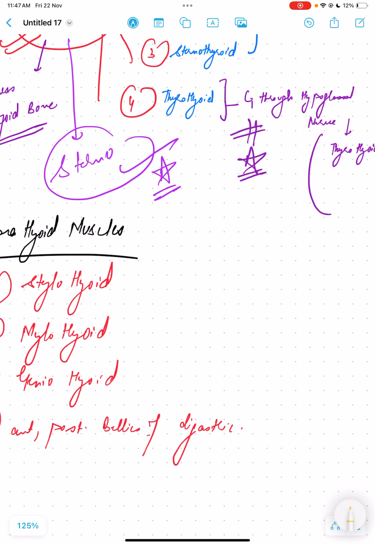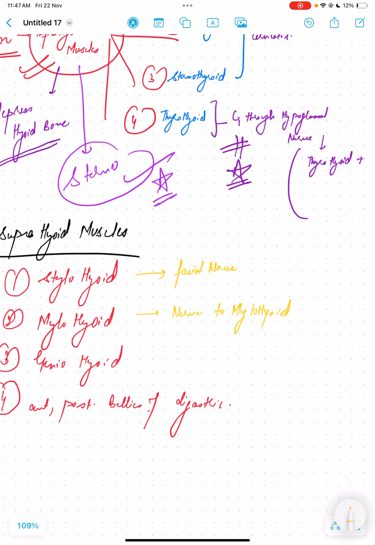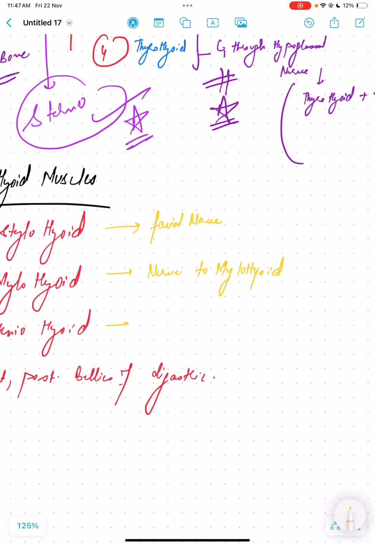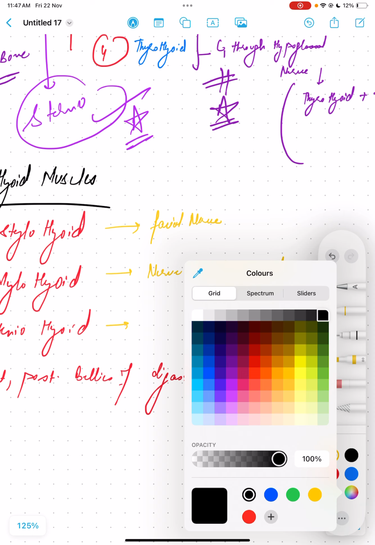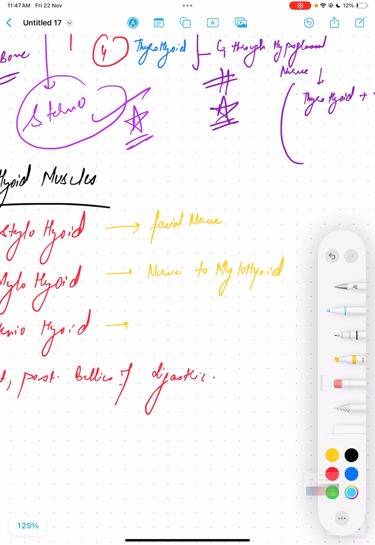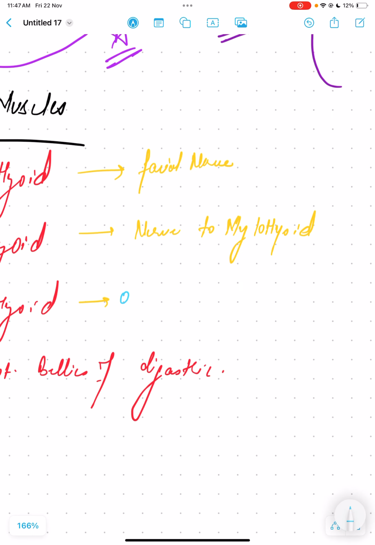So basically stylohyoid is supplied by the facial nerve. Mylohyoid is supplied with the help of the nerve to mylohyoid. Geniohyoid basically originates from the genial tubercles, the superior and the inferior genial tubercles. I will mention geniohyoid origin from genial tubercles.